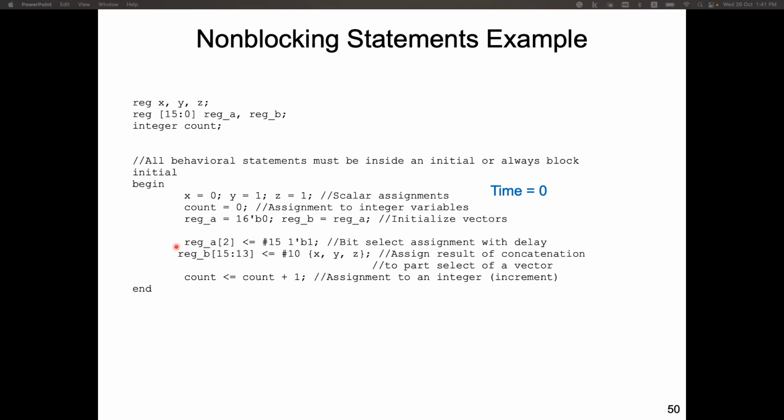And then this assignment of 1 bit into register A's second bit, bit 1, is executed at time 15.